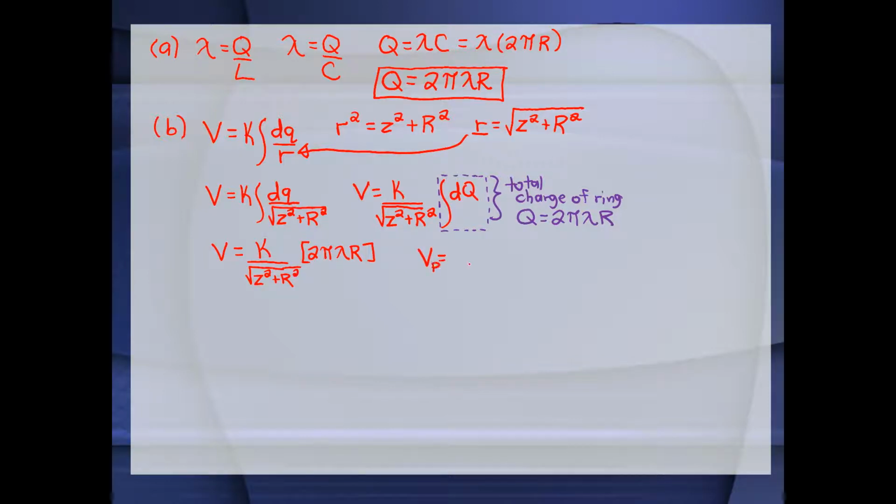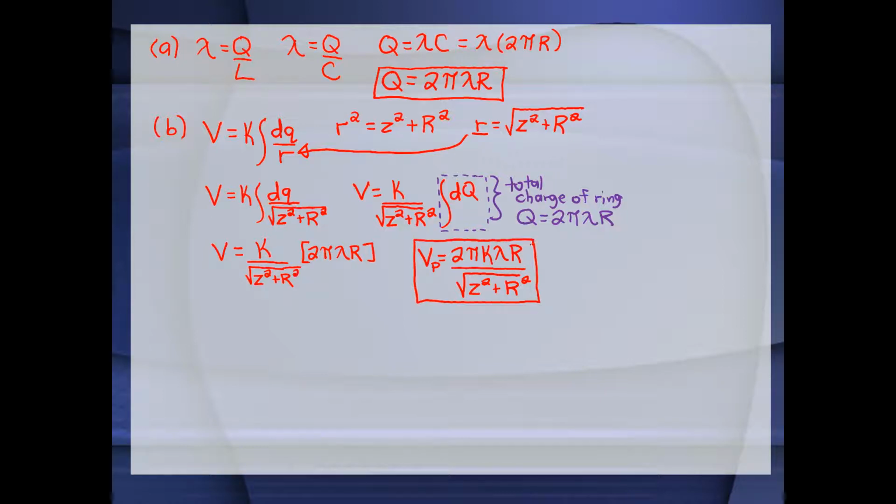So we could write down Vp would be 2 pi times K times lambda times capital R, and divide that all by the square root of z squared plus R squared. Okay, and that's the solution to part B. That's my equation for the electric potential.